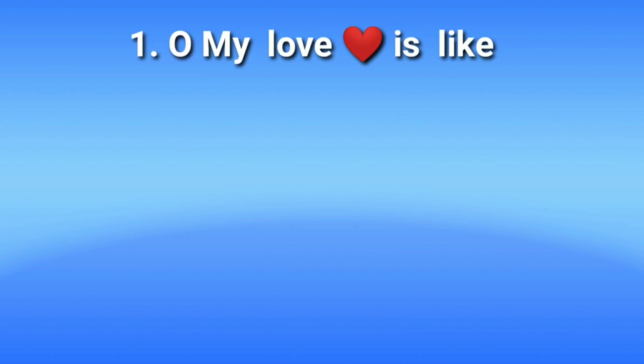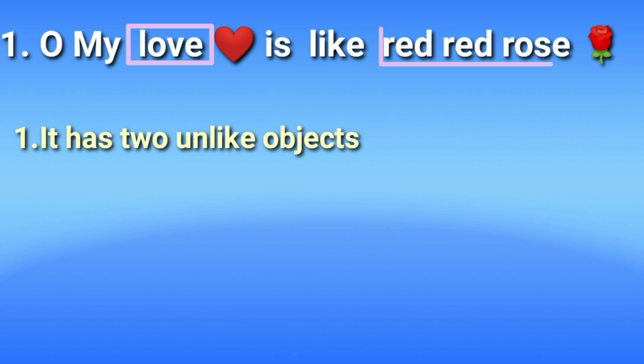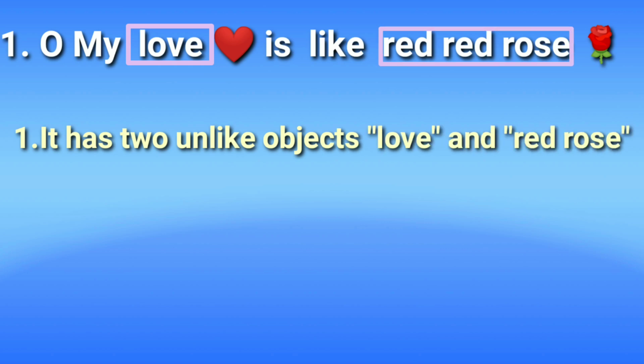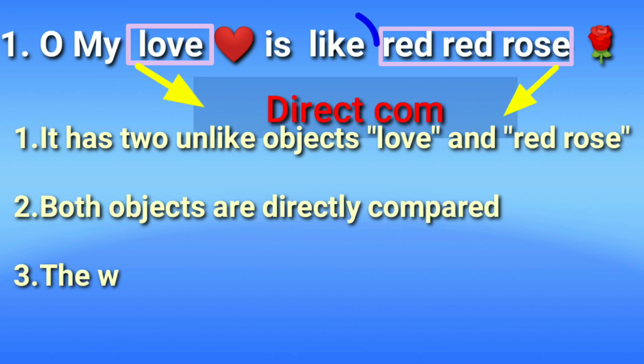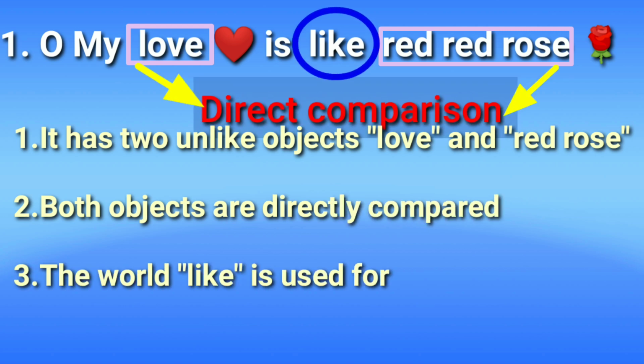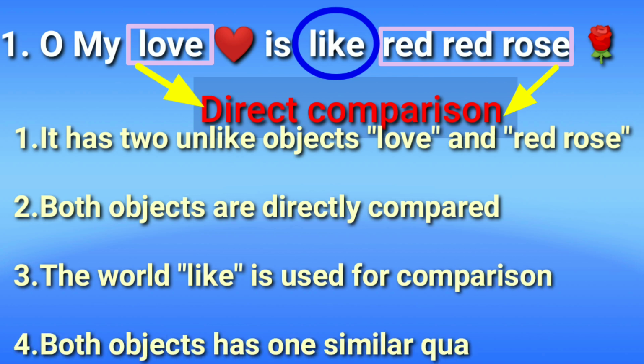Now look at the very first example. Oh, my love is like a red, red rose. Now in that example you can see the two unlike objects are love and a red, red rose. And those two unlike objects are directly compared by using the word like, and they have the similar quality of being beautiful.